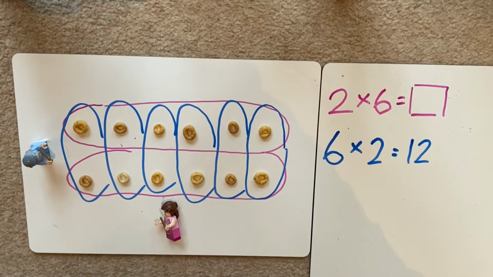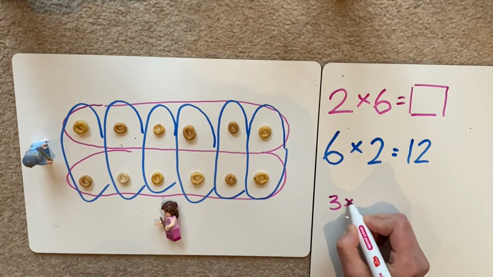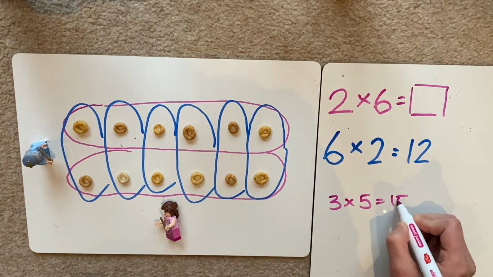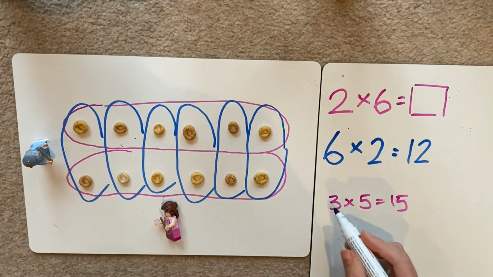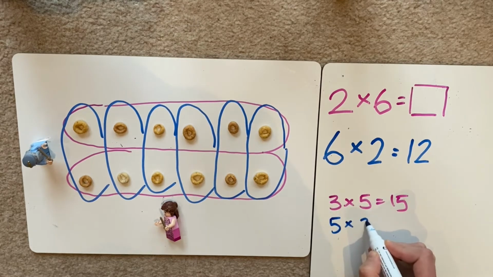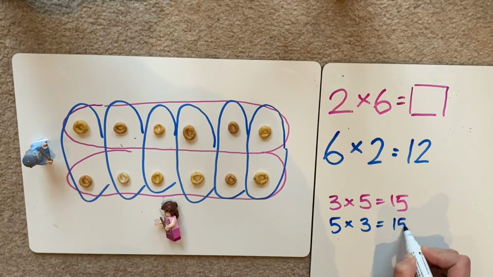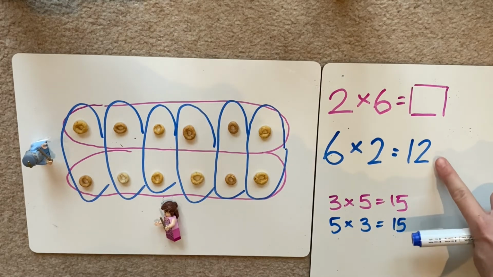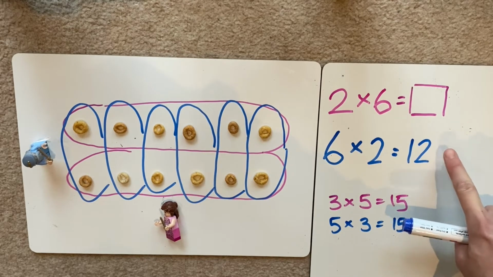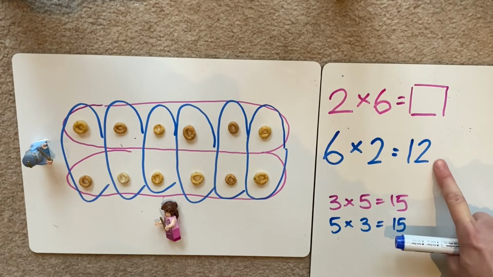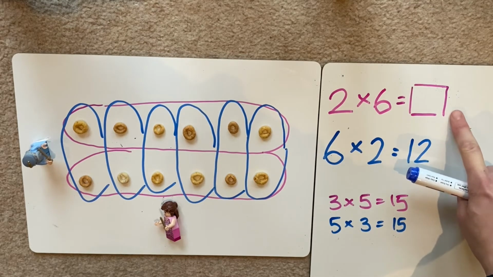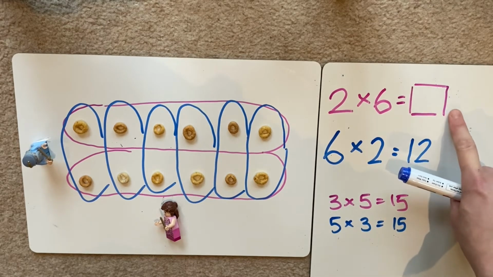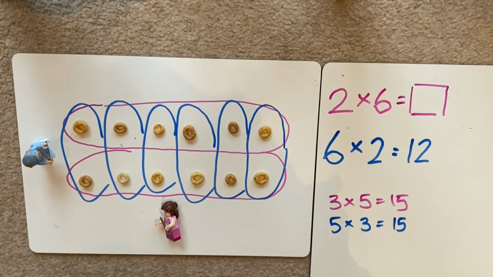Now, let's think back to the last question. The last one said 3 times 5 equals 15. And then we had 5 times 3 equals 15. So if we know that 6 times 2 is 12, we can figure out 2 times 6 is 12.